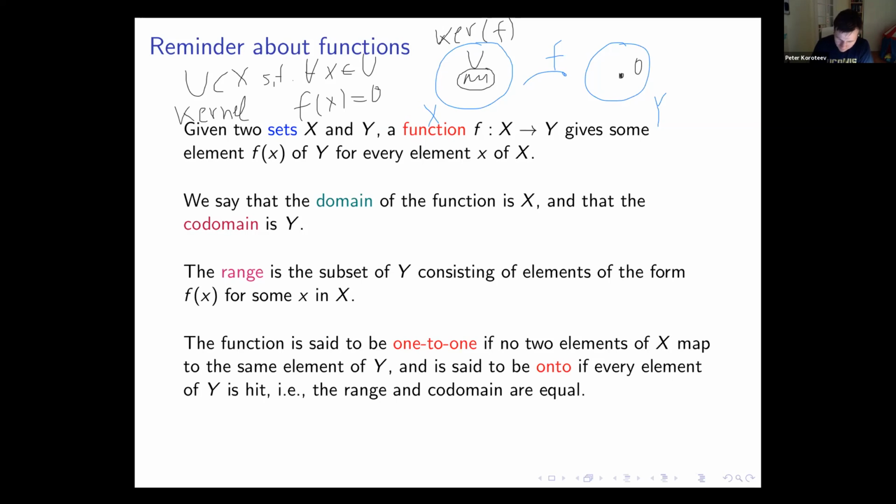For example, just a quick question to check you understand the definition: take a map f, an unrelated example, that takes the space of differentiable functions to the space of differentiable functions by applying the derivative. If you have a differentiable function f of x, it maps it to the derivative of f. So what is the kernel of this map?